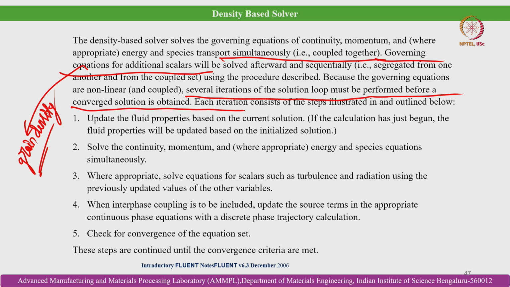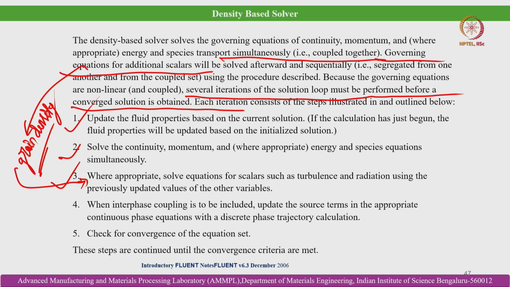Each iteration consists of the steps outlined below. Number 1 is update the fluid properties based on the current solution. If the calculation has just begun, the fluid properties will be updated based on the initialized solution. Number 2 is solve the continuity, momentum, energy and species equations simultaneously. Number 3 is where appropriate, solve equations for scalars such as turbulence and radiation using the previously updated values of the other variables. You can also couple grain density with this, which is applicable in case of solidification transport phenomena.